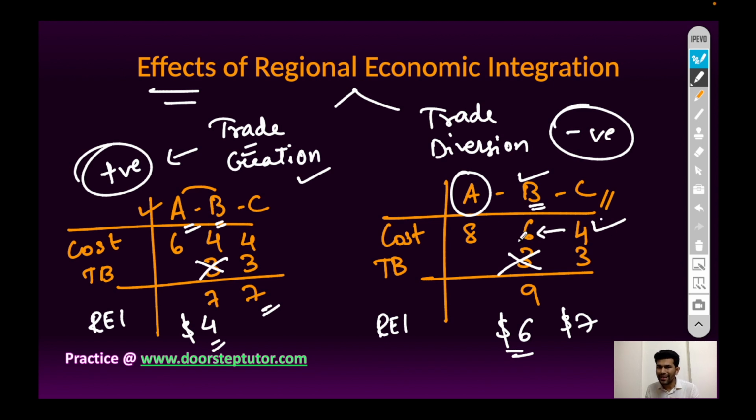So country C is more efficient in producing goods as compared to country B, but still trade takes place with country B. So it is a negative impact of regional economic integration. So there can be trade creation and trade diversion effects of regional economic integration. Trade creation is a positive impact and trade diversion is a negative impact of regional integration.